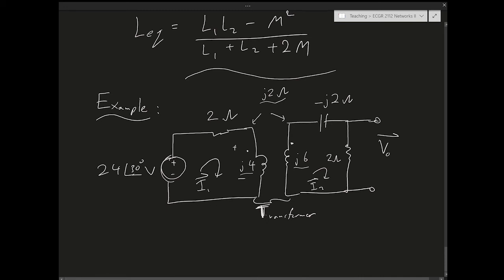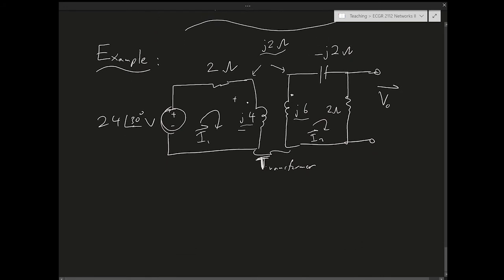Okay, so let's write the mesh equations. Let's start with mesh number 1. So we have minus 24∠30°, and then we have plus 2 I1, and then plus j4 I1. This is the self term. The mutual term is going to be j2 I2, of course.